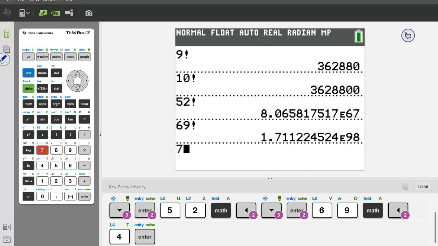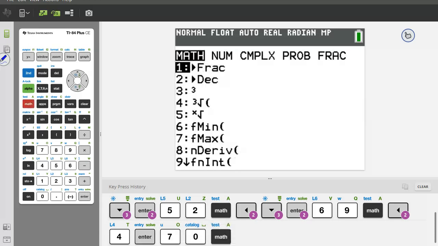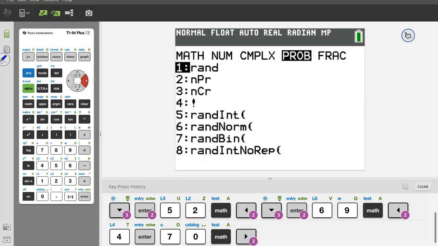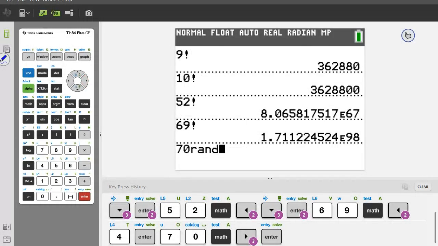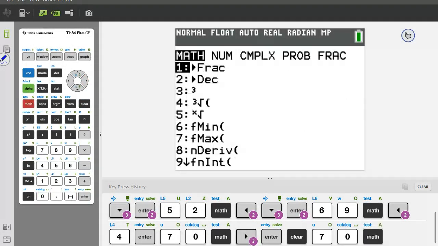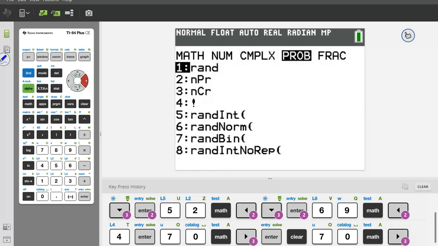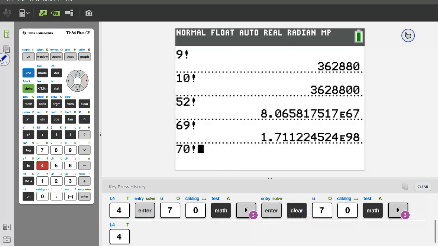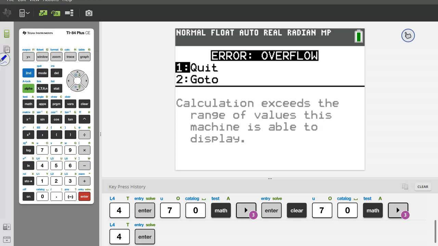And then 70 probably is not going to show up. My calculator is limited because it's not going to give me 10 to the 3 digits up top.